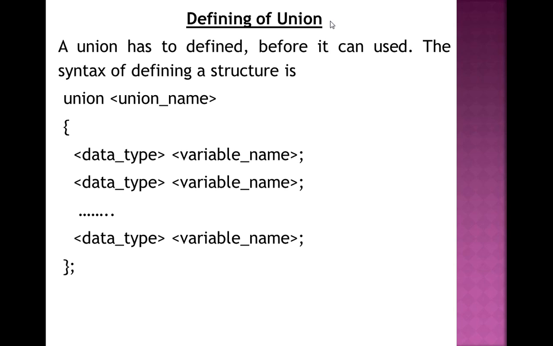So union employee, then a curly brace starts, then the data type, then a variable name, then data type, variable name, and you can add as many data types and variable names as you want. Then a closing curly brace and a semicolon. This is how we declare a union.